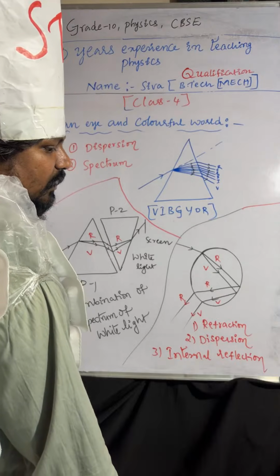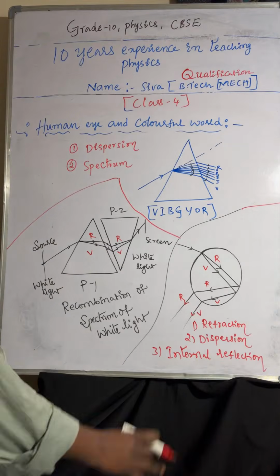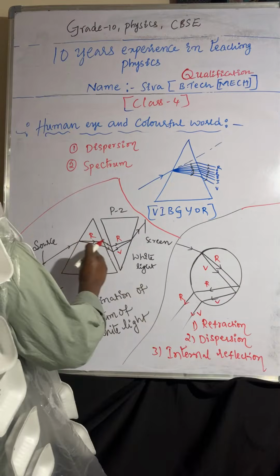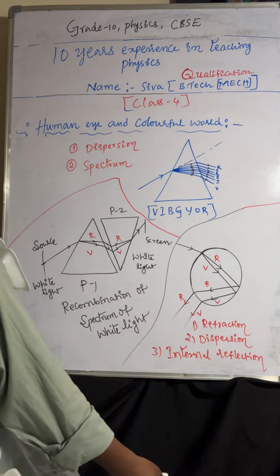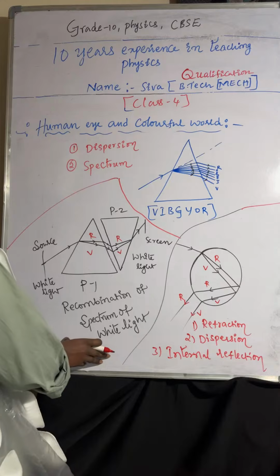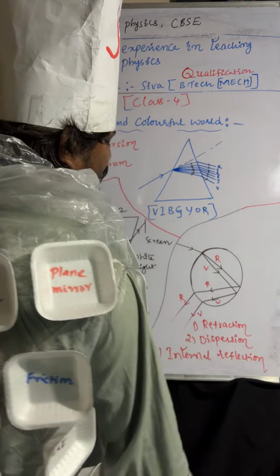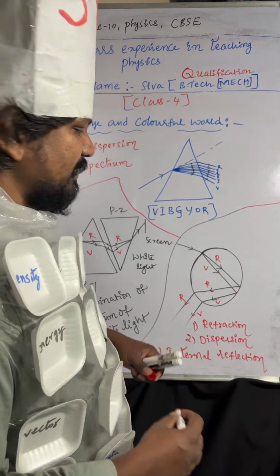Now you can see here, recombination of spectrum of white light: when it passes through the prism, it splits into 7 colors, and those 7 colors come out as white light. So this is the recombination of spectrum of white light, and here you can see when the light ray passes, refraction, dispersion, and internal reflection take place.